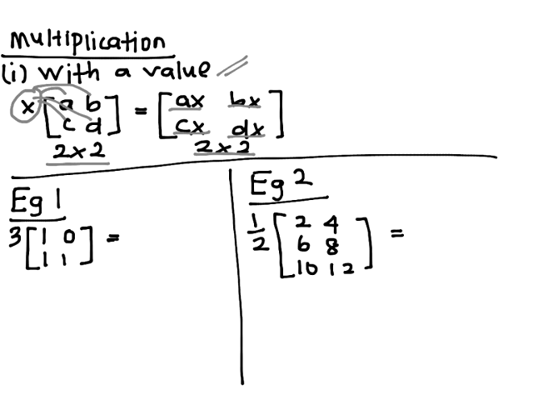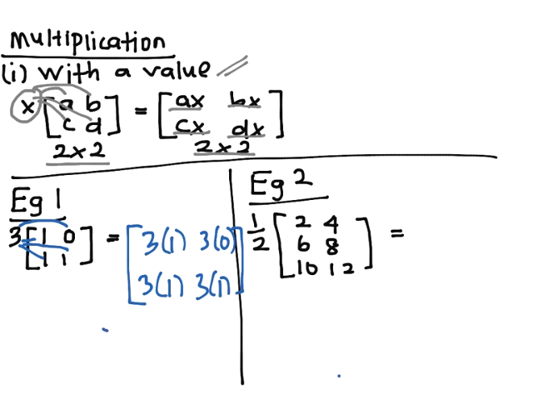Let's say the first example is 3 multiplied with the matrix 1, 0, 1, 1. We multiply 3 with all the values inside the matrix, meaning 3 multiplied with 1, 3 with 0, 3 with 1, and 3 with 1.